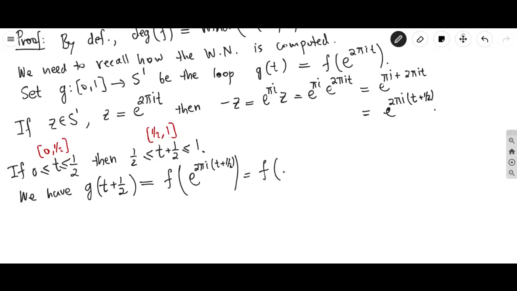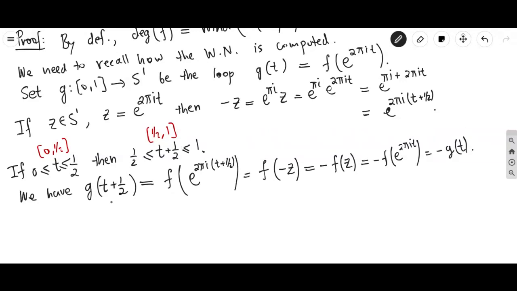So that would be f of negative z, as we've said. And f of negative z, this is the anti-symmetry of f, is negative f of z. And z was given by that, so that was negative f of e to the 2 pi it. So that's negative g of t. So this is the property that we have.